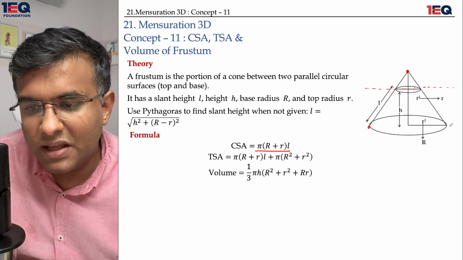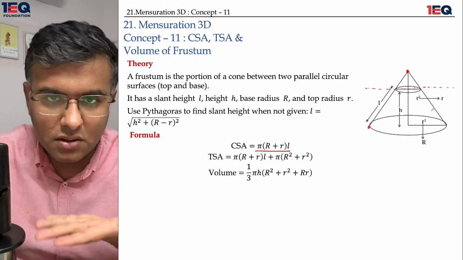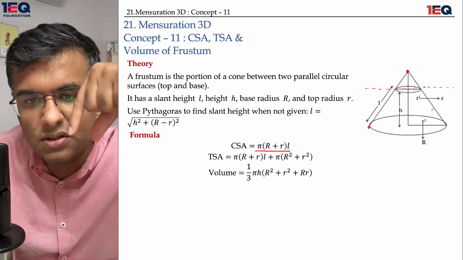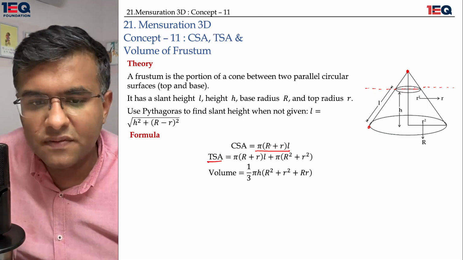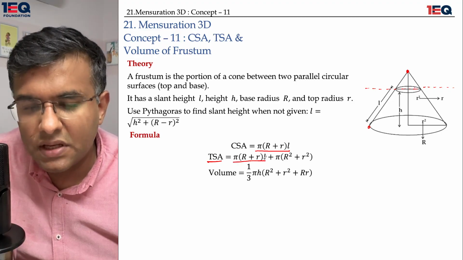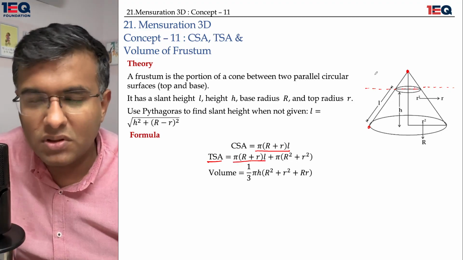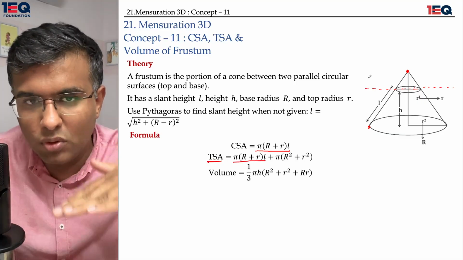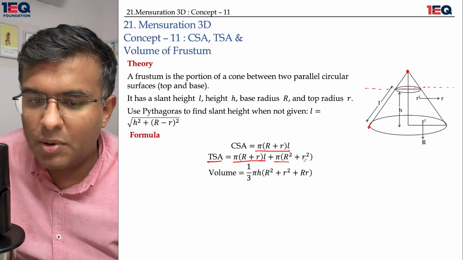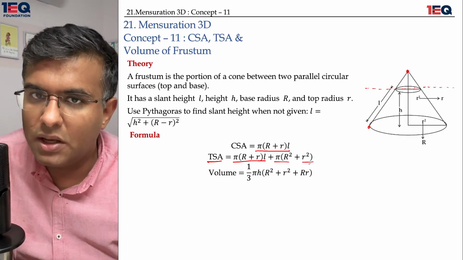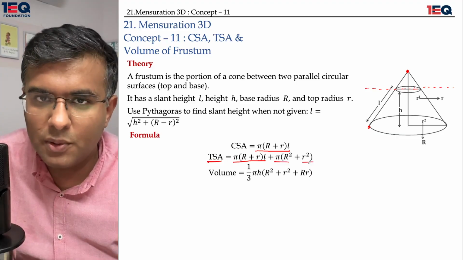Because we are taking into consideration the bigger radius as well as the smaller radius. Then talking about total surface area, the total surface area would be the curved surface area plus both the flat surfaces, or both the top and the bottom surfaces, the area of those. So pi capital R square and pi small r square. Okay, I hope you're able to understand.